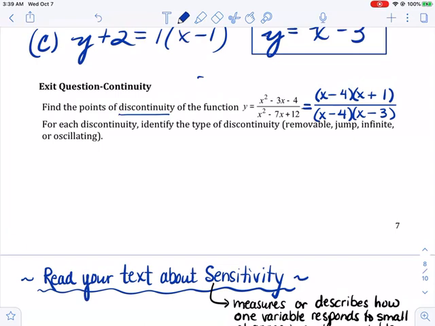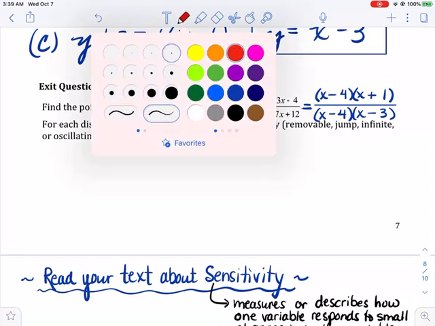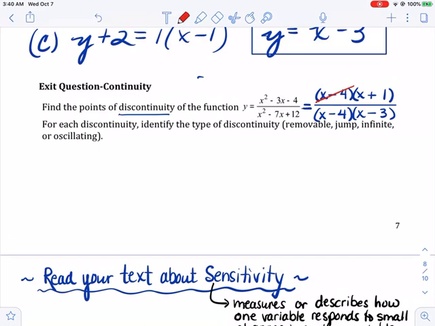So in this case, you can see that I've already factored it because they're polynomials. I'm thinking, well, what's going on? And you notice that the x minus 4's cancel. So that means there's a hole there where x is equal to 4. So the restrictions on the domain of this function are x such that x cannot be 4 or 3.